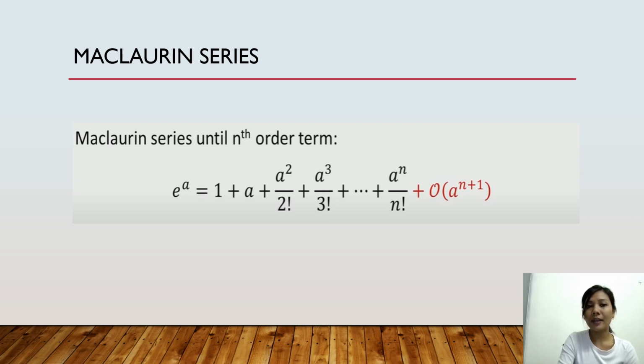So e to the power a is equal to 1 plus a plus a square by 2 factorial plus a cube by 3 factorial and so on, and the order of the error is a to the power n plus 1. Here a is the step size and n is the number of terms that we are taking in the expression.